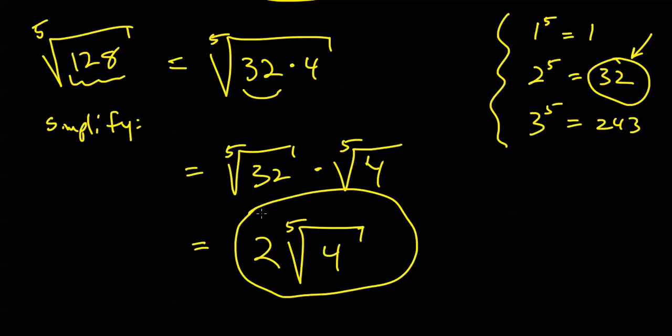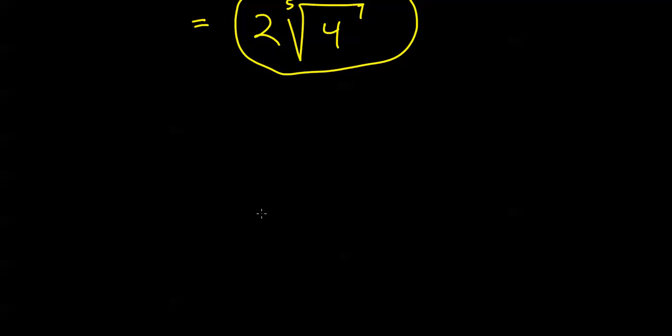Alright, so we've done square roots, third roots, fourth roots, and fifth roots, simplifying numerical radicands. What about when we've got variable expressions? Let me get a fresh screen here.